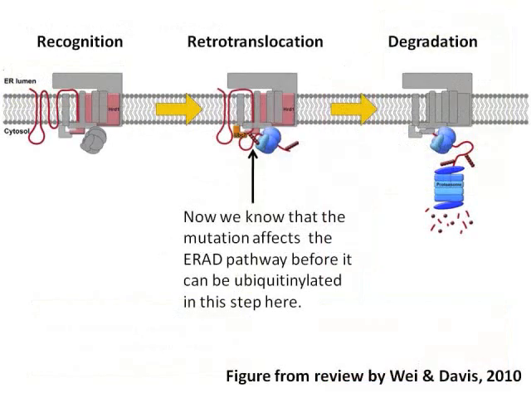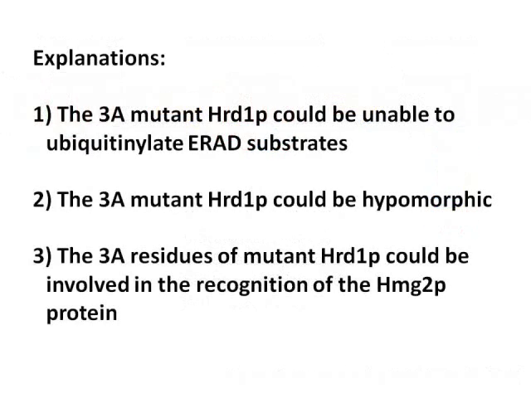So looking back at the ERAD-M pathway, you can see that there is an effect of this mutation at or before ubiquitinylation occurred. There are three possible explanations for the results. The 3A mutation could have caused the HRD1P protein to become non-functional, similar to the C399S mutant, which was unable to ubiquitinylate ERAD substrates.